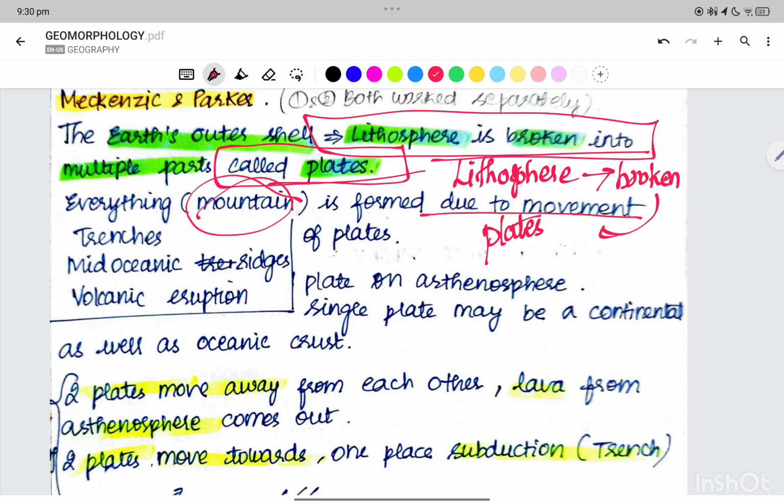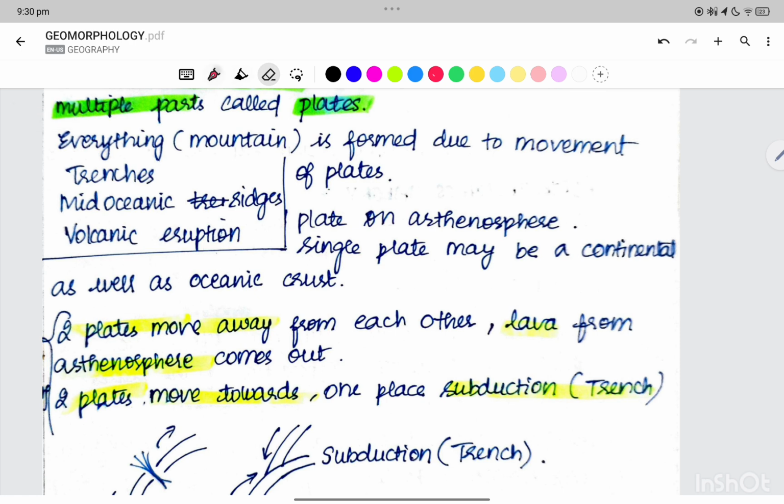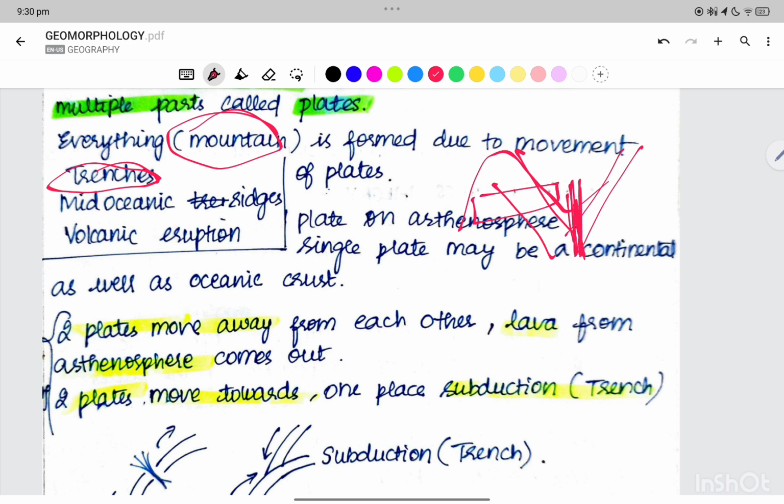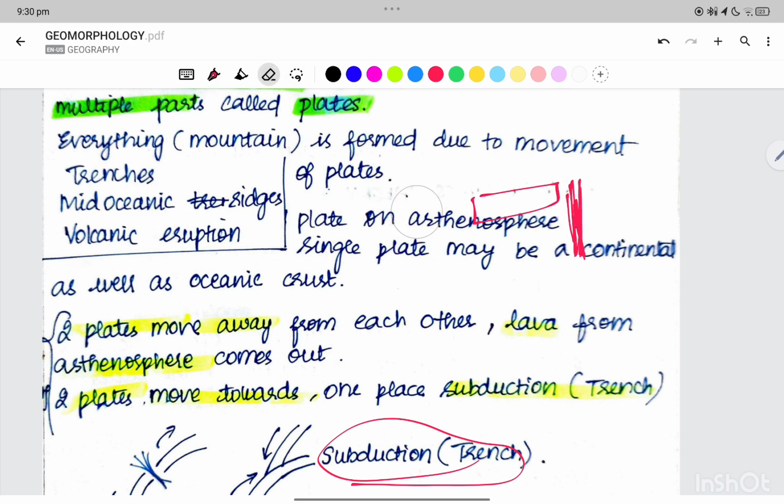Everything, the mountains, is formed due to the movement of the plates, right? For example, we have mountains and trenches. When the plates are moving, it causes rising up, and the trench is also formed, where subduction takes place. At mid-oceanic ridges, the continuous eruption of lava or magma and volcanic eruptions are because of the plates' movement.